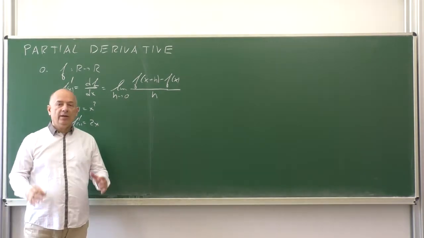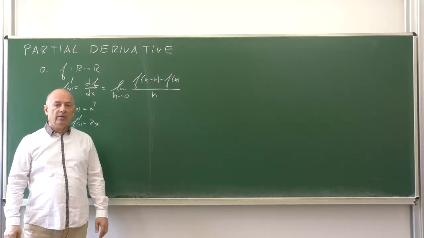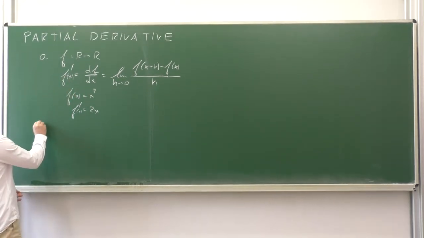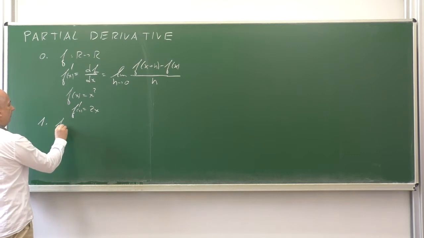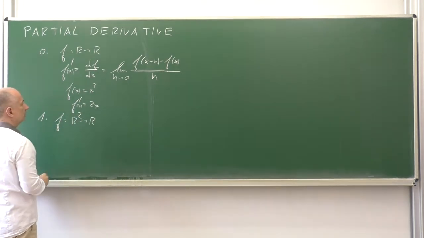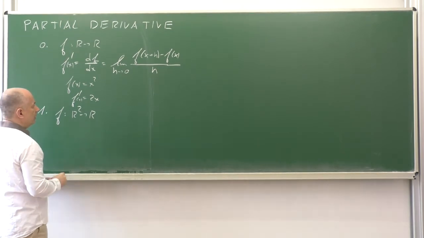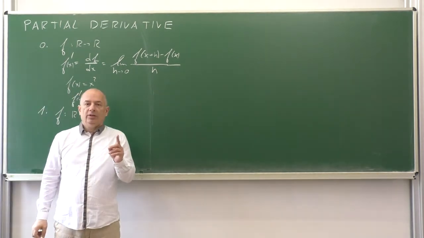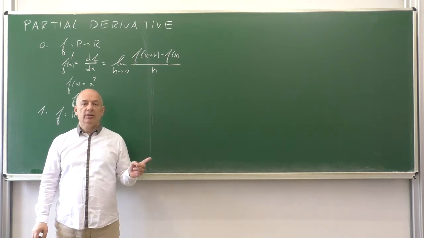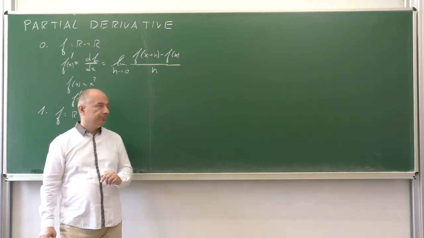And now if we have a function of more than one variable, let's consider a function of two variables. So point number 1. If we have a function f from R2 to R, then we can consider the partial derivative with respect to x or the partial derivative with respect to y.